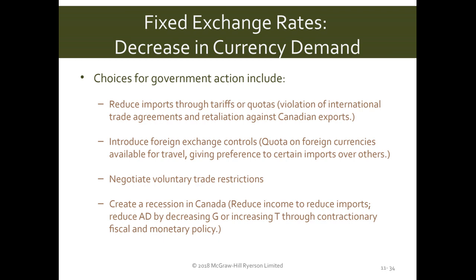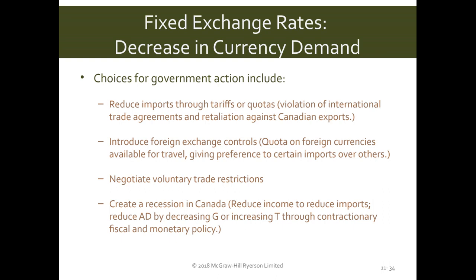For example, if you go to Mexico and you want to buy Mexican currency in Canada, it is difficult for you to buy because there's a restriction, right? This is what we call foreign exchange controls. Third, negotiate voluntary trade restrictions. So rather than imposing tariffs, you can ask the other country to please restrict its exports. Fourth, create a recession in Canada. And you know what a recession is, a recessionary gap, remember?